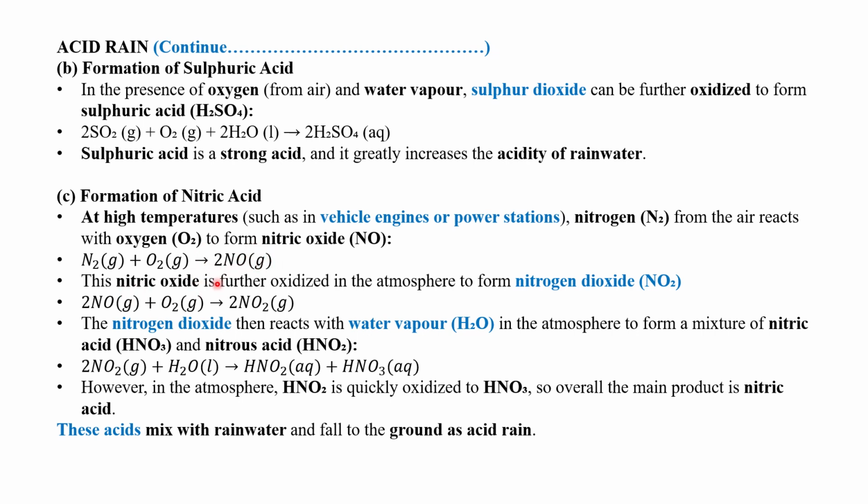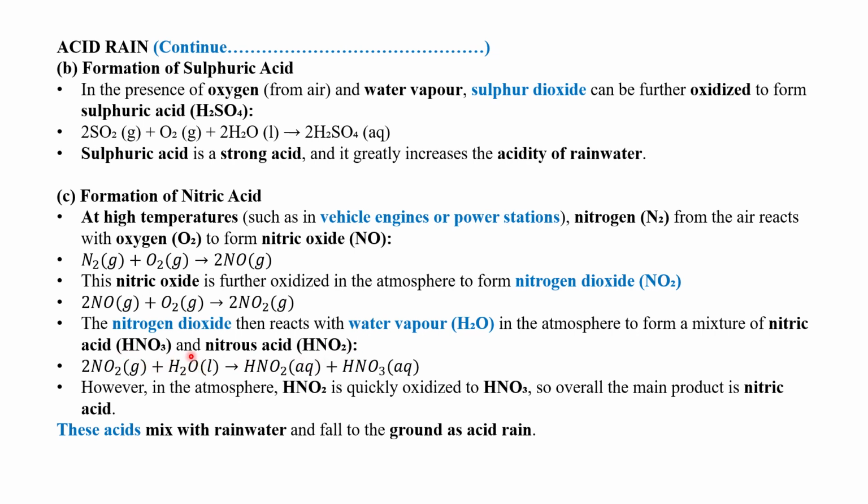This nitric oxide is further oxidized in the atmosphere to form nitrogen dioxide, NO2. So NO and oxygen are converted into NO2. Further, this nitrogen dioxide then reacts with water vapor in the atmosphere to form a mixture of nitric acid and nitrous acid.